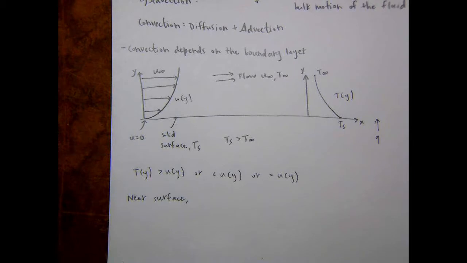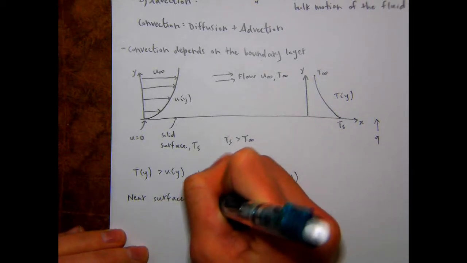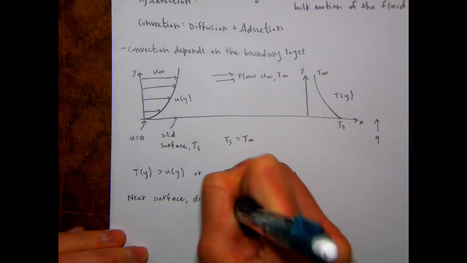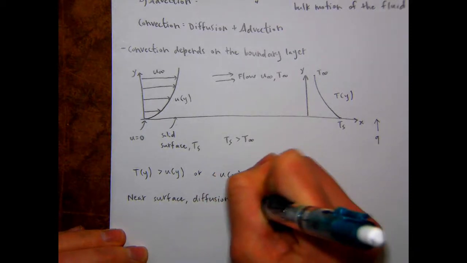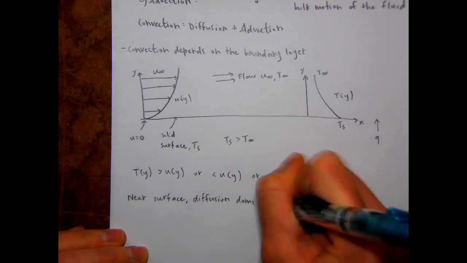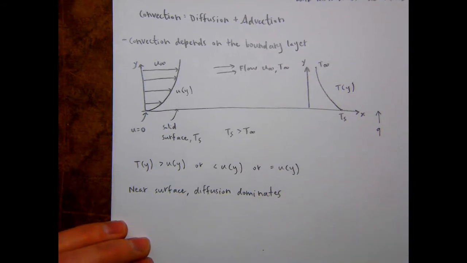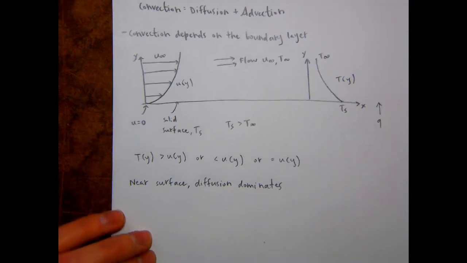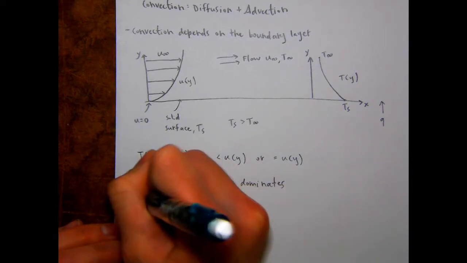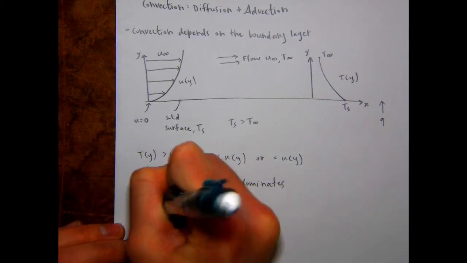So in that instance, you'll have more diffusion dominating, so heat transfer just by the collisions of the fluid and the solid particles. So at and near the surface, diffusion dominates. And then away from the surface, advection dominates.